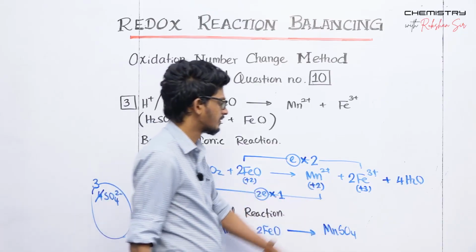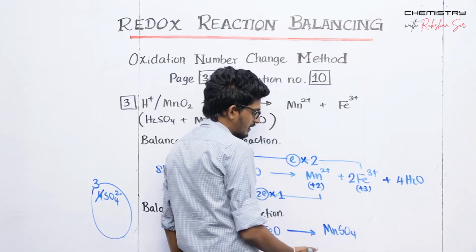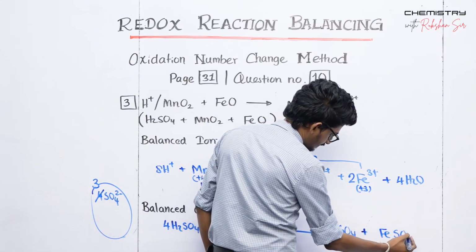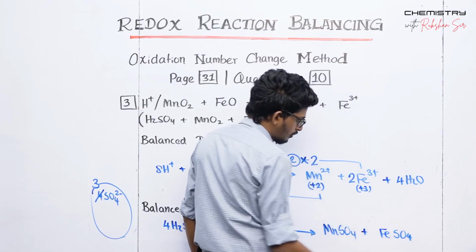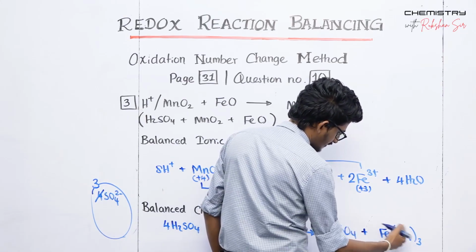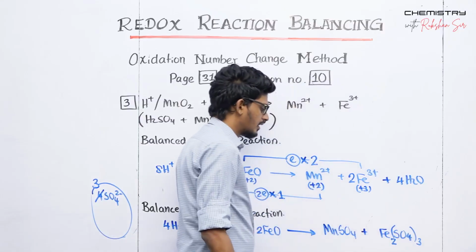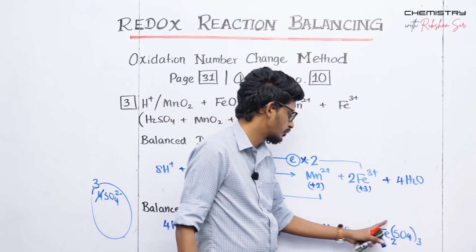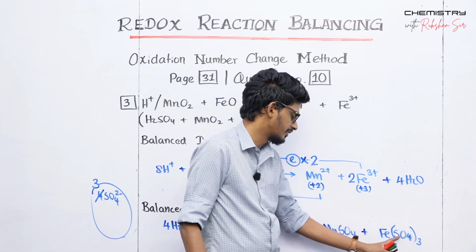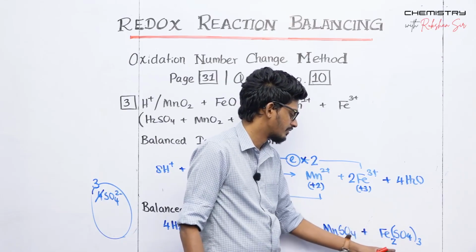What about this one? This connects with the sulfate ion, SO4 2 minus, so that 2 comes here. With Fe 3 plus, that 3 comes here. Exchange of valencies. So this will give you 2 Fe3 plus ions. All the 3 sulfates have been used when writing this formula.